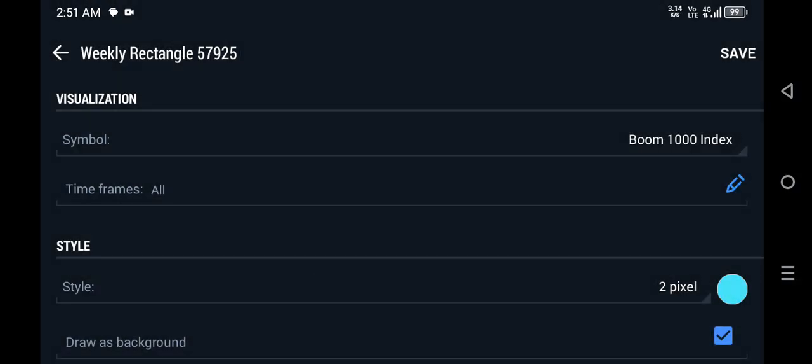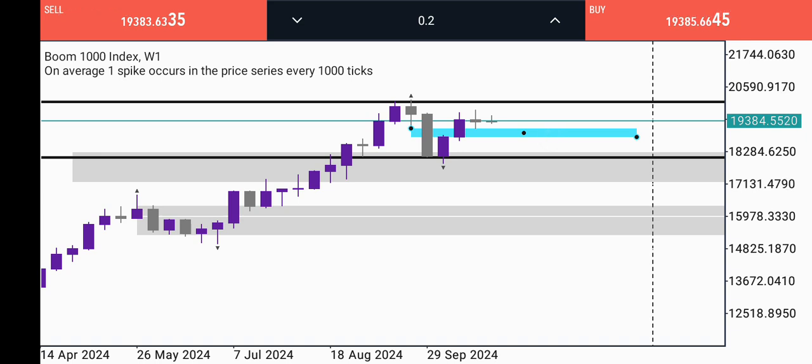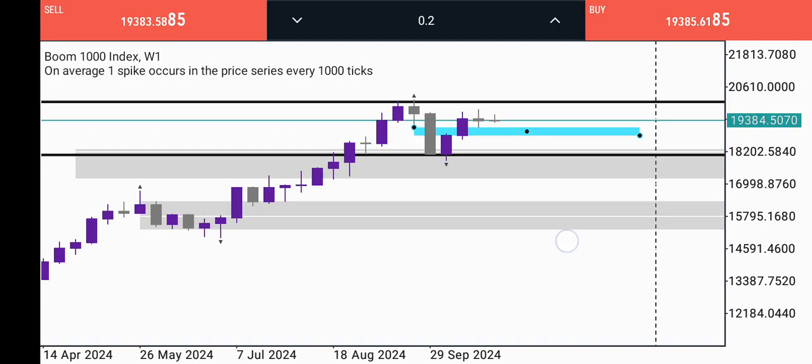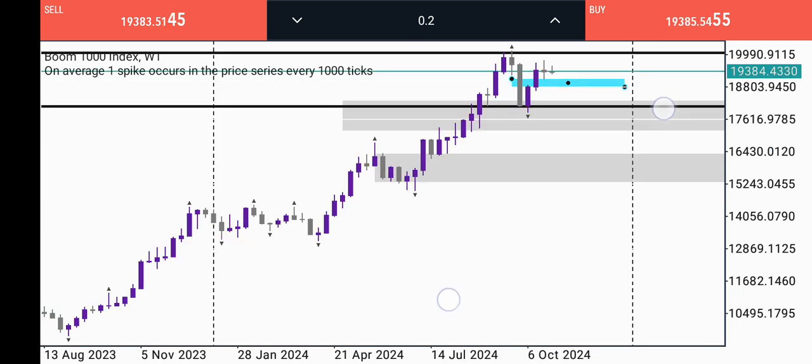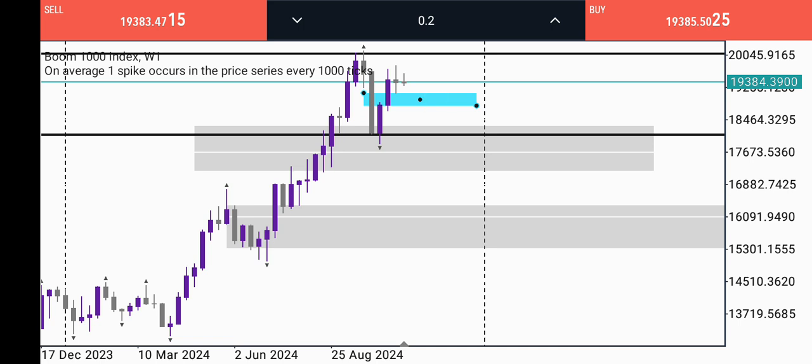So now you have a BPR here. A BPR is a part of a fair value gap that denotes a price range action that denotes a reversal too.